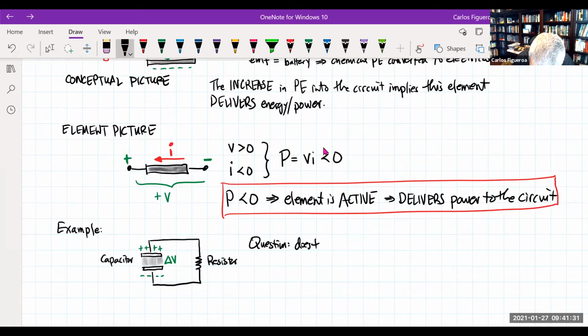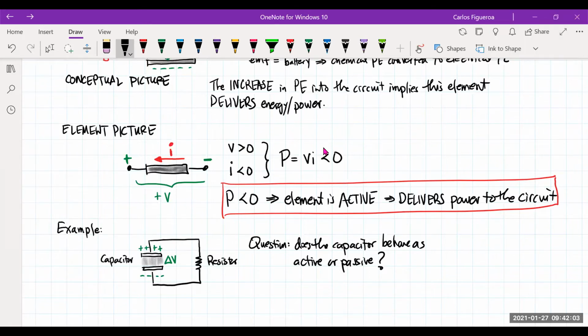Does the capacitor behave as active or passive? Does the capacitor deliver energy to the circuit, or is it passive and absorbs energy?